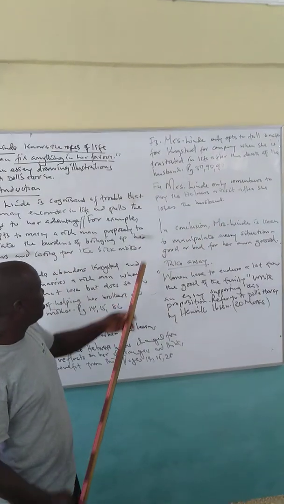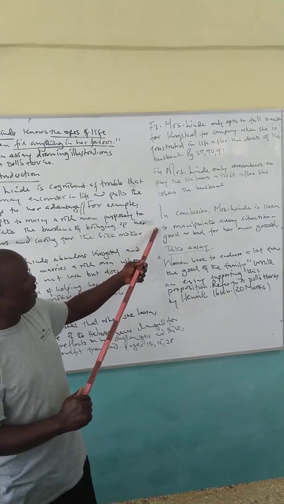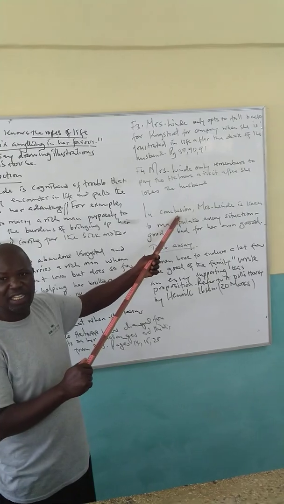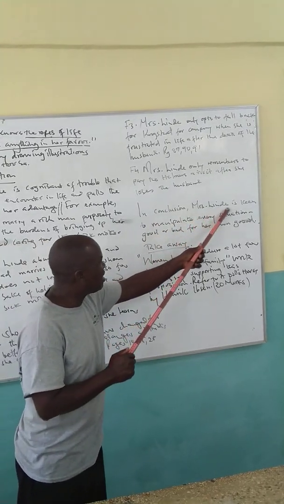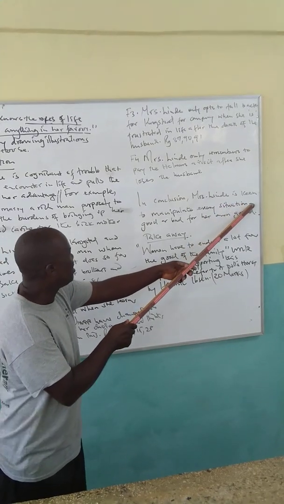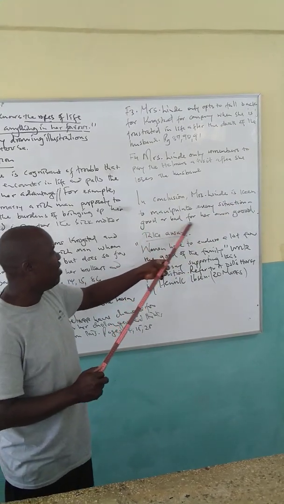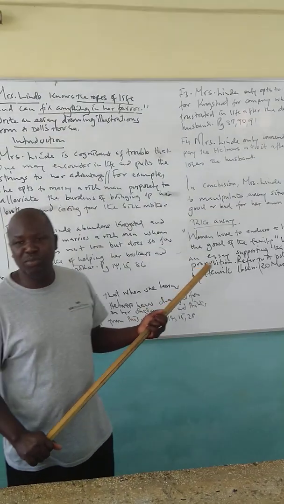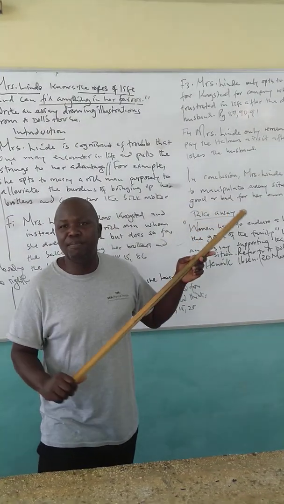After the 4 points, again, we need to remember that we talked of conclusion. And this phrase is mandatory. In conclusion, Mrs. Linde is keen to manipulate every situation, hyphen, good or bad, for her own good. Now, some of us are mistaken to believe that a conclusion is supposed to be long.